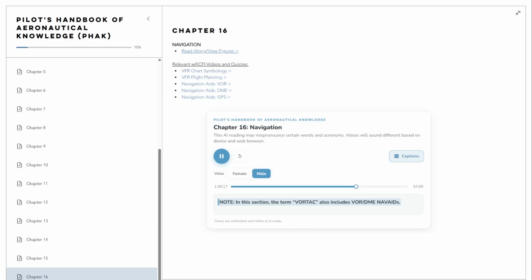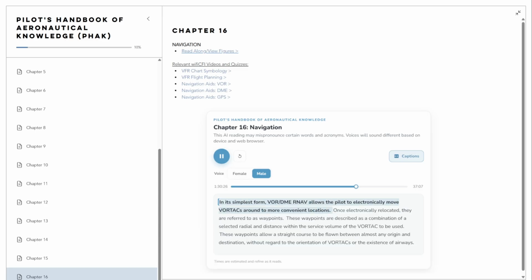Note: in this section, the term VORTAC also includes VOR/DME NAVAIDs. In its simplest form, VOR/DME RNAV allows the pilot to electronically move VORTACs around to more convenient locations. Once electronically relocated, they are referred to as waypoints.